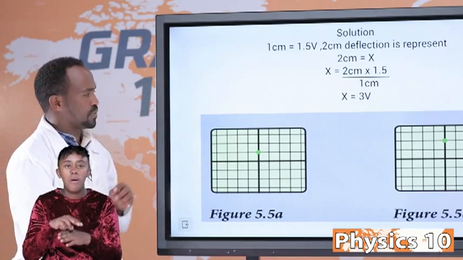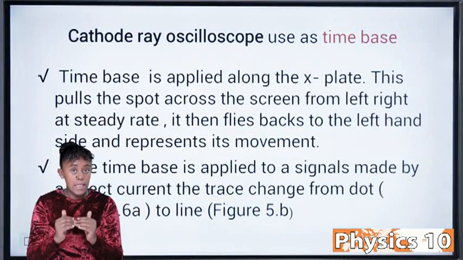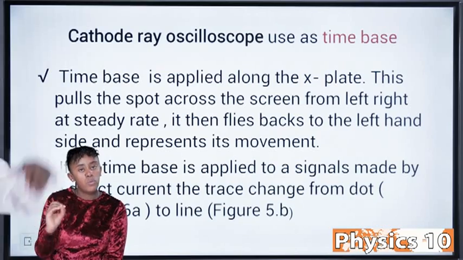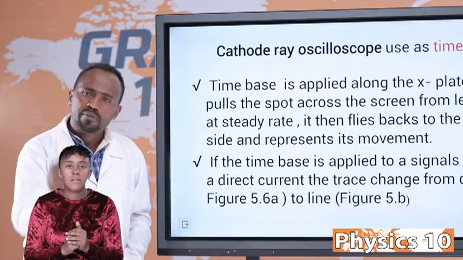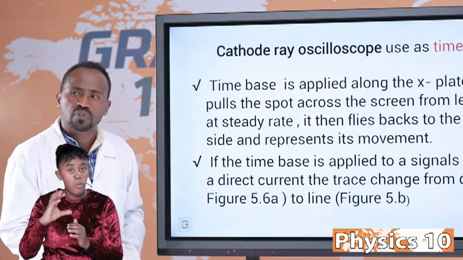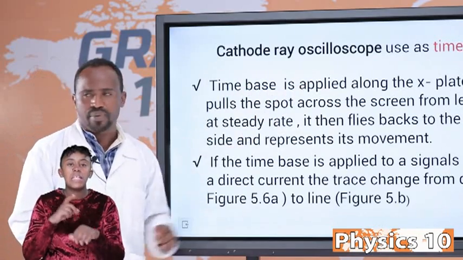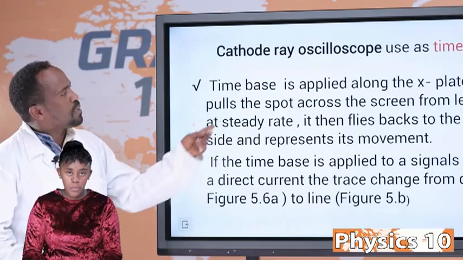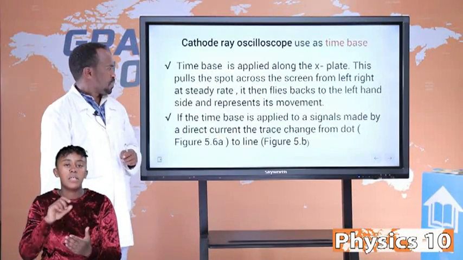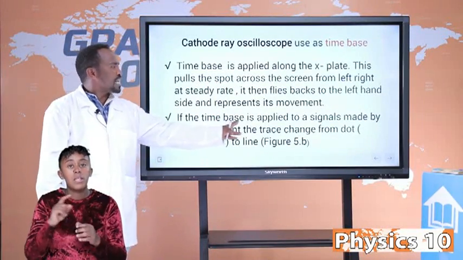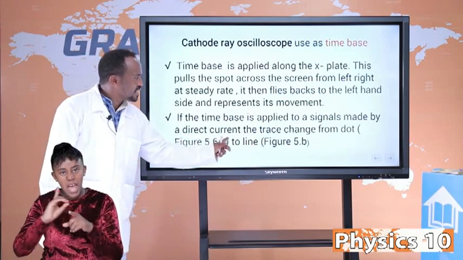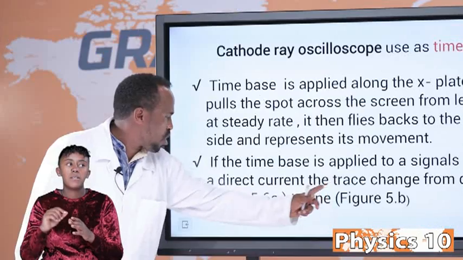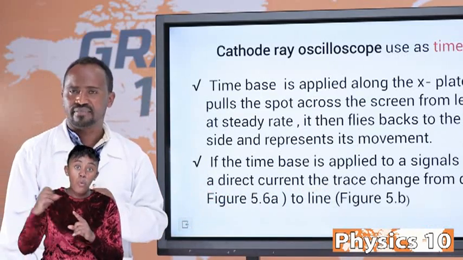I jump this over. Next, let's see the cathode ray oscilloscope used as a time base. Another important use of the cathode ray oscilloscope is as a time base. So the time base applies along the X plates. If the time base is applied to signals made by a direct current, the trace changes from a dot to a line.